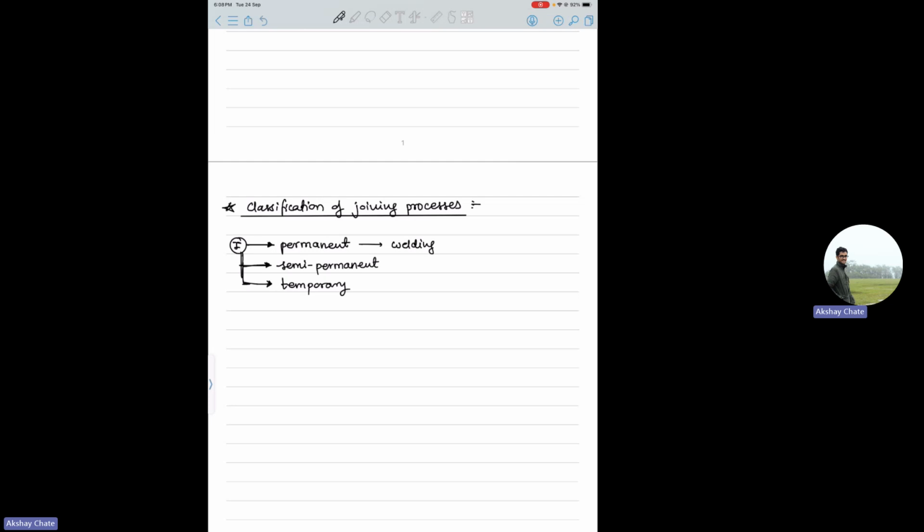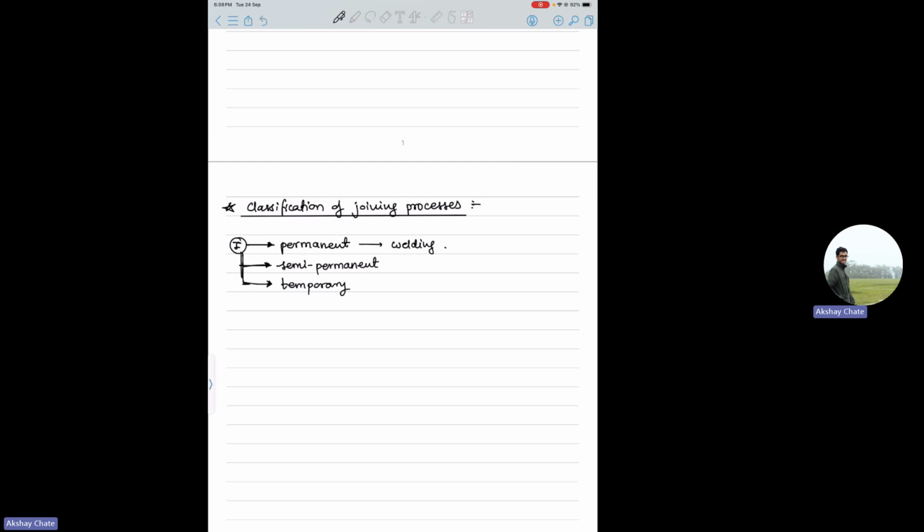Predominantly, it's welding only. I'm just thinking, is there anything else? Because there are nowadays some non-conventional joining methods also, so you don't know. Some adhesive bonding techniques are there, with permanent setters kind of things, thermosetting adhesives. But permanent riveting is also there.